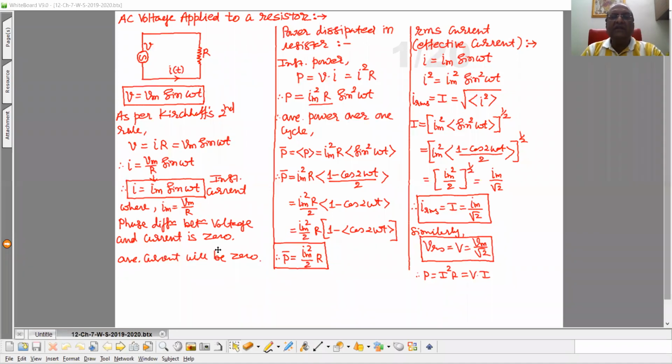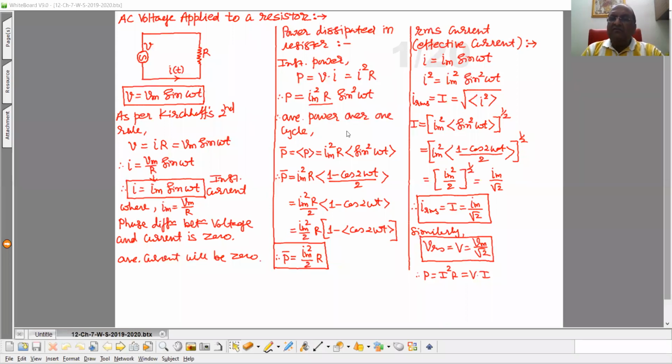Now see, instantaneous power is voltage into current; we can write V equal to IR, so I square R. So power P, with I equal to Im sin omega t, we can write Im square R sin square omega t. Now this is the instantaneous power at a particular instant t.